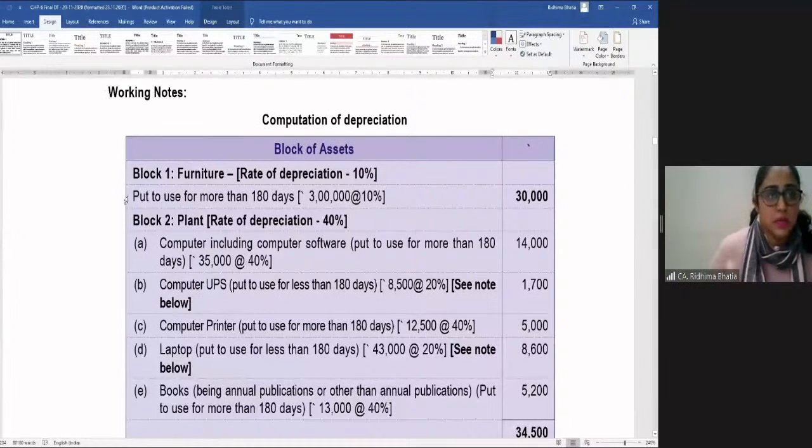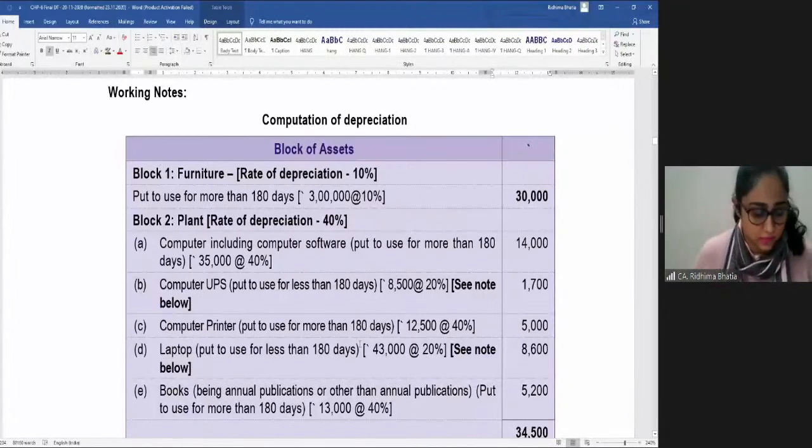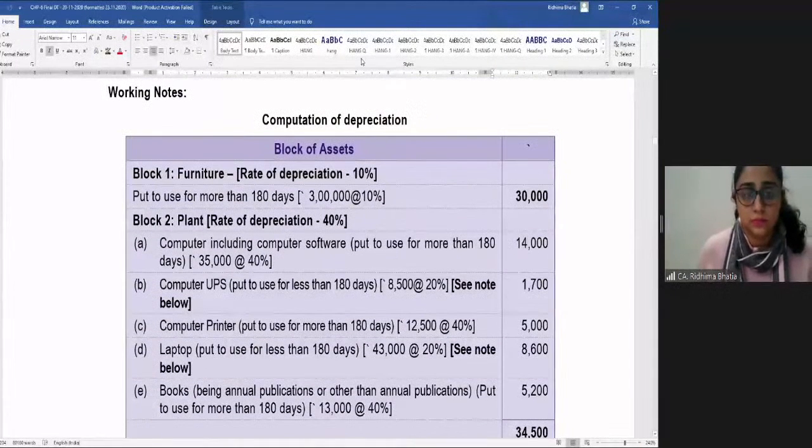What was the mistake done, students? Okay, now everyone knows. Is it clear? No, Sumit Jain.